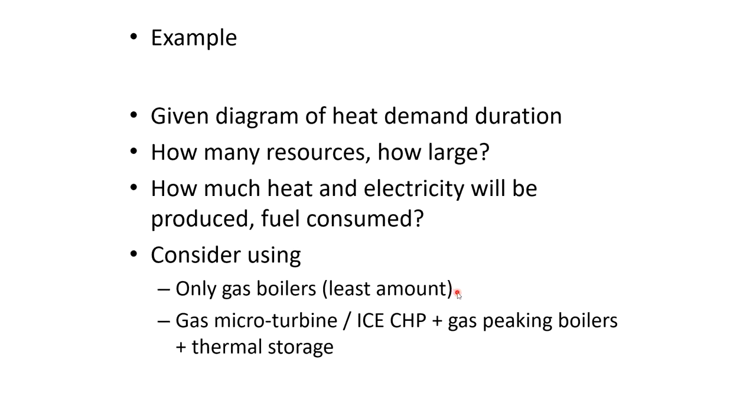First, using only gas boilers, the least amount of them possible, and second, having some combined heat and power system, either based on an internal combustion engine or a microturbine, with gas boilers for peaking, and also some thermal storage available.